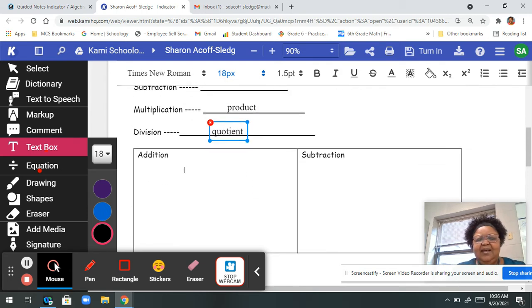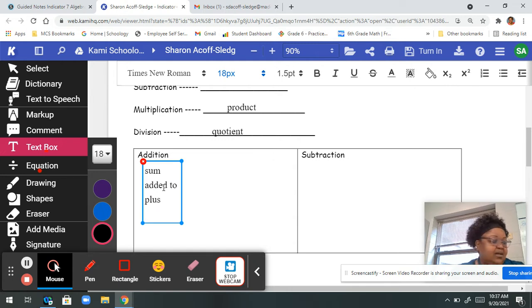Okay, so now let's think of some terms that could mean addition. So we already said sum. If we see a phrase with added to, we know that means we need to do the operation of addition. Plus, of course, more than. We're going to talk about that "than" later. Increase by.